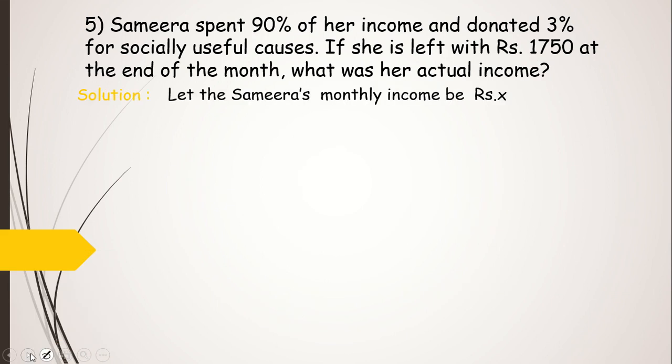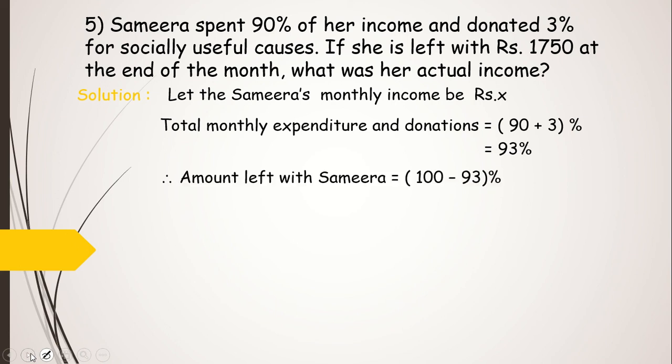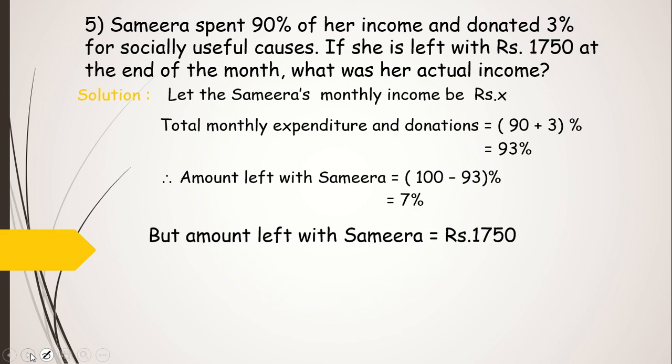Let Samira's monthly income be rupees X. Total monthly expenditure and donations is 93%. Amount left with Samira is 100 minus 93%, that is 7%. But amount left with Samira is given to be 1750. Therefore 7% of X is 1750.